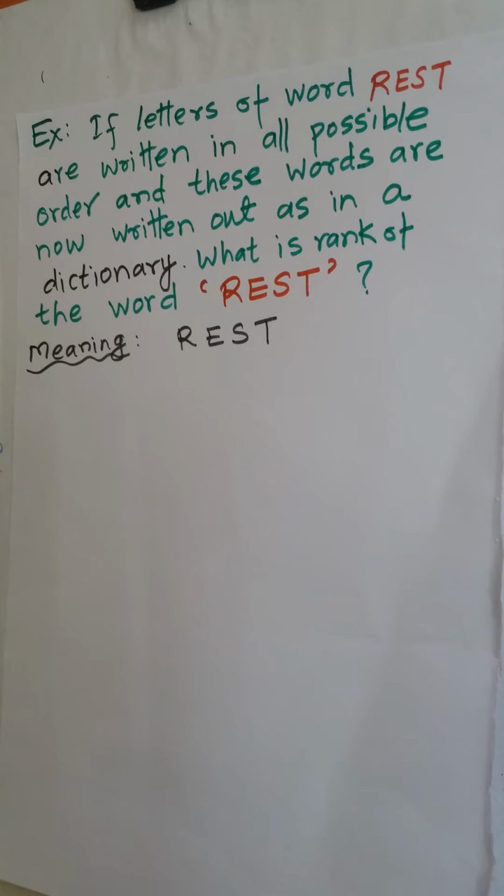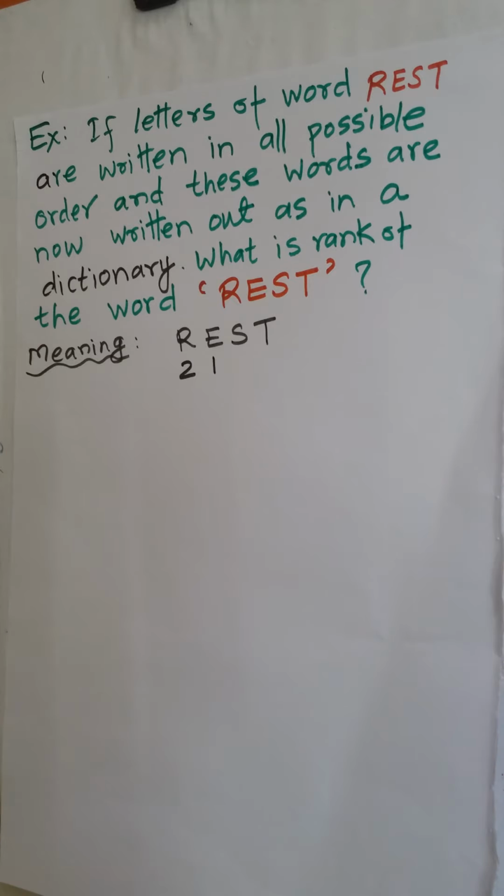Let's take an example. Let's see the positions of the letters of REST. E is given rank 1 because it is comparatively earlier with respect to the other letters in the alphabet. After E, the second rank would be given to which letter?